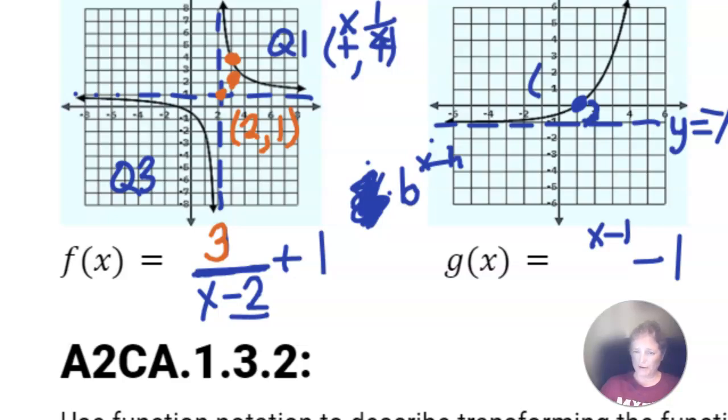We just need to figure out what the actual change is as we move to the right by 1. So when we go from this base blue point, I'm going to make it pink here, I go over 1 and up 1. Interesting, which means off of the asymptote, this would normally be the point 1, 2.